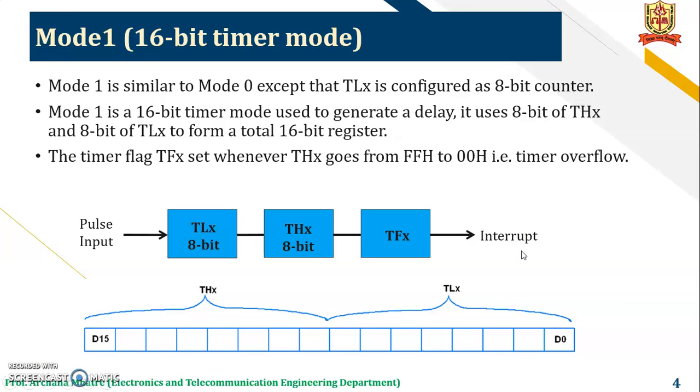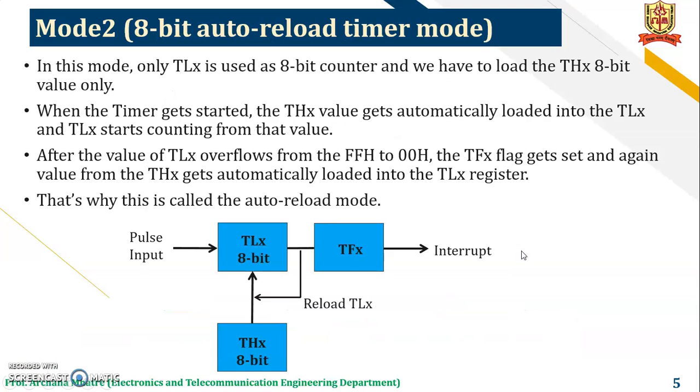Now next is mode 2. Mode 2 is an 8-bit auto reload timer mode. In this mode only TLX is used as an 8-bit counter and we have to load the 8-bit value into THX only. When the timer gets started, the THX value gets automatically loaded into TLX and TLX starts counting from that value.